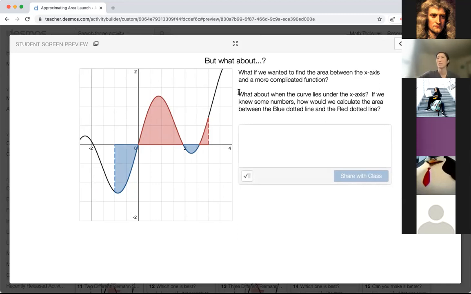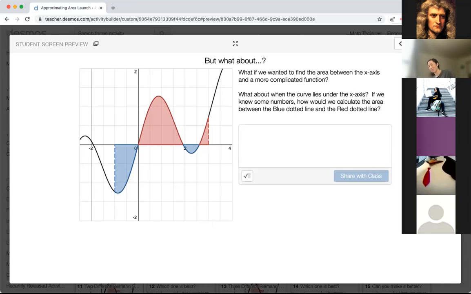Question one that I want us to think about. What about when this curve is underneath the x-axis? In other words, how does the blue area compare to the red area? This is not a political question, though we could have very many rich discussions about the current state of politics. But how does the blue area compare to the red area?